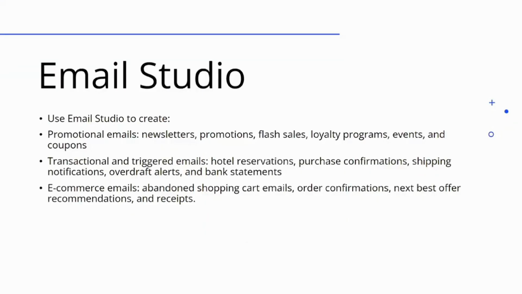But to facilitate transactions, there are other kinds of emails which are transactional in nature, like hotel reservation bookings, purchase confirmations, shipping notifications, overdraft alerts, bank statements. Each is triggered whenever an action has occurred. You purchase something, you get a purchase confirmation. Your product is shipped, you get a shipping notification.